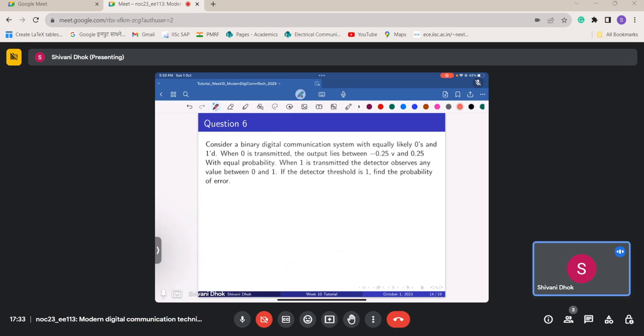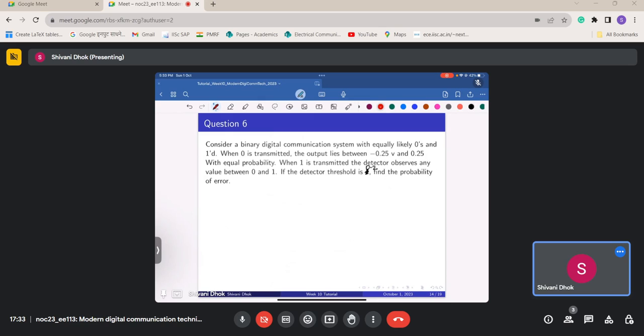Yeah, so there is a small error in this. This is not 1, this is 0.2. So what we have is: consider a binary digital communication system with equally likely zeros and ones. When 0 is transmitted, the output that the receiver sees lies between -2.5 to 2.5.